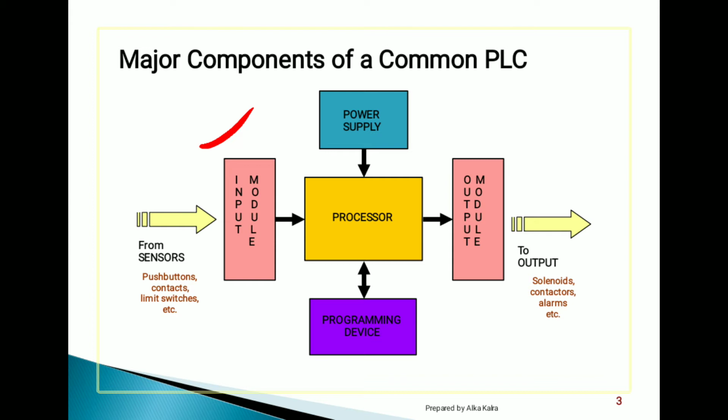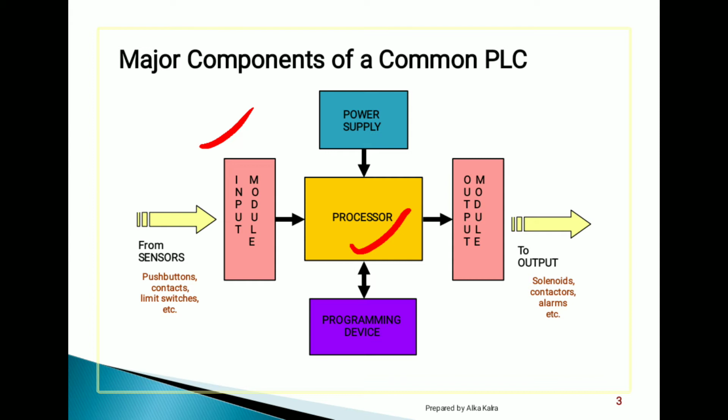In the processor we will write our program, and accordingly what function we want to do, that we will tell to the output device, and we will control the output devices in this method. So input module takes the input. Another part is your processor, very important, which takes your programs and controls the outputs.